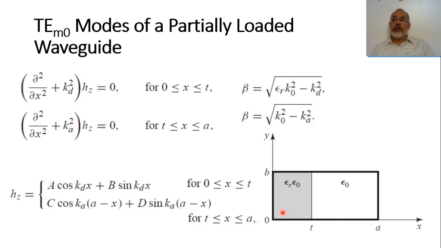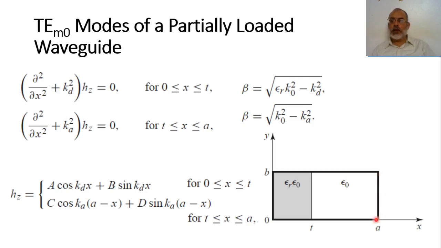To solve the problem in the general case for partially loaded waveguide would be quite a complicated problem. So in the present case, we are going to be limited only to the transverse electric TE m0 mode. M0 mode means that we have m variations in the x direction, but zero variation in the y direction.